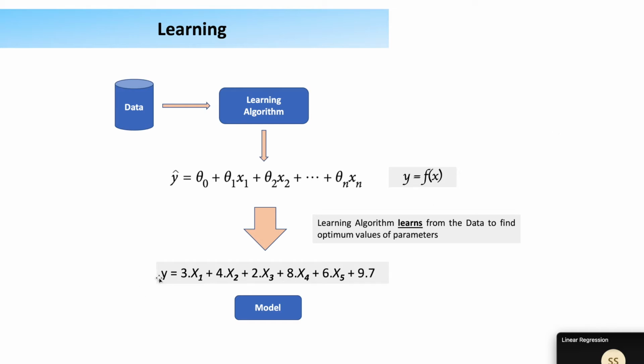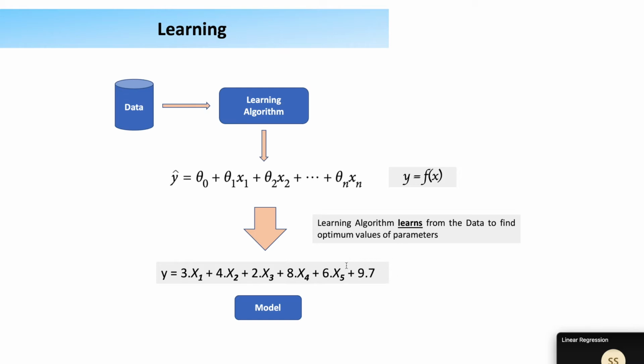Your model is actually going to look something like this. Let's say you have x1, x2, x3 as explanatory or predictor variables. This is a fictitious example, but your linear regression model is going to look like this: y equals 3x1 plus 4x2 plus 2x3, etc., plus a constant or bias term, which we will look at in a moment.